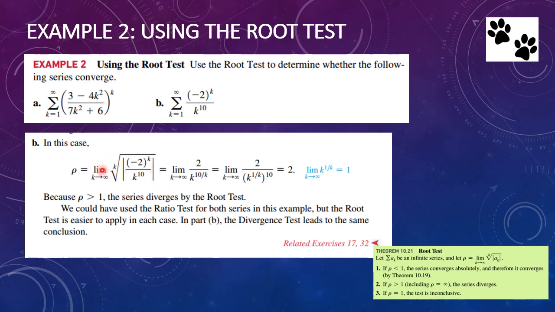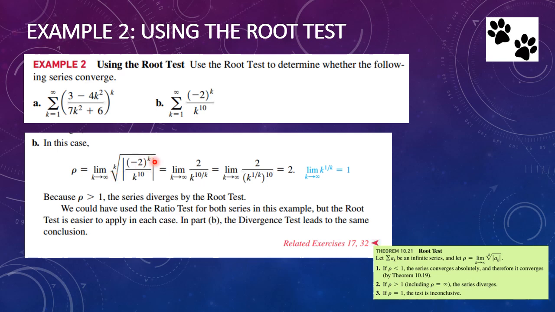When we look at the second problem, the summation of negative 2 to the power of k over k to the 10th, if we take the absolute value, that of course is going to remove the negative. Well, this is a little bit different. We have the kth root of the numerator raised to the k power, so that cancels out, because remember, when you have a root or radical, the exponent of the function inside the radicand is the power inside divided by the power of the root.